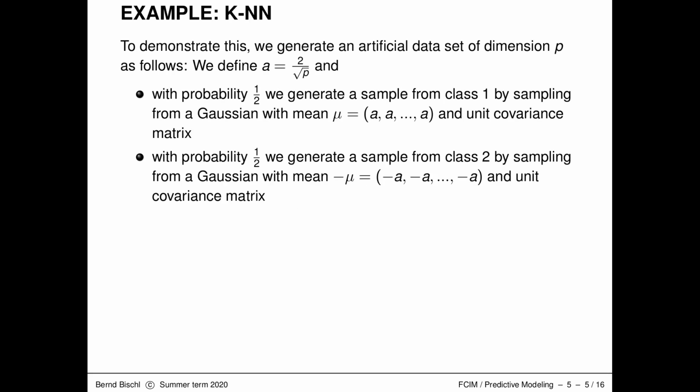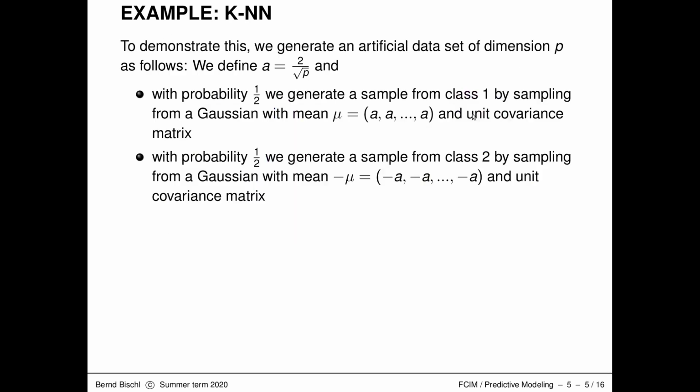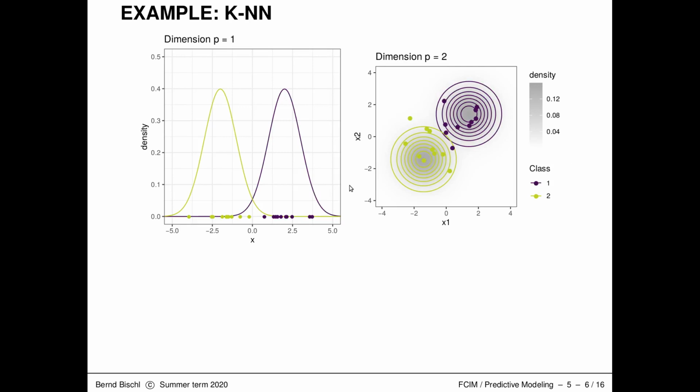And to demonstrate this, I now generated a very, very simple artificial data set of dimensionality p as follows. So I guess it might even be easier to directly skip to the visualization of this. I picked two central points here, I call them mu and minus mu. And mu and minus mu have all of their feature values set to exactly a.